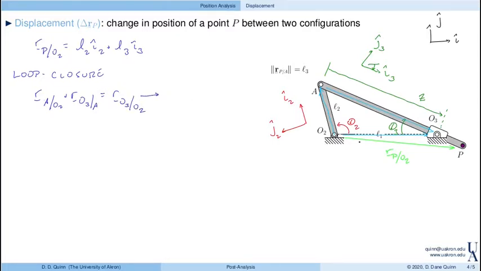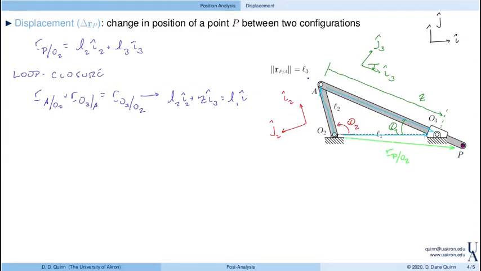Or in terms of these directions and coordinates, L2 I2 plus Z I3 equals L1 in the I direction. I will note, and I'll note this again later, I3 and J3 are defined if theta 3 positive rotates clockwise, while I2 and J2 rotate with theta 2 positive in the counterclockwise direction.